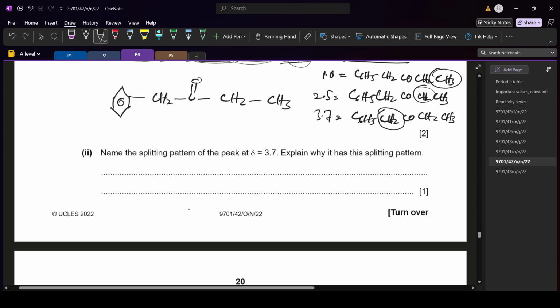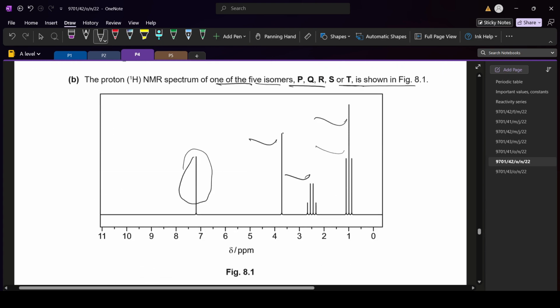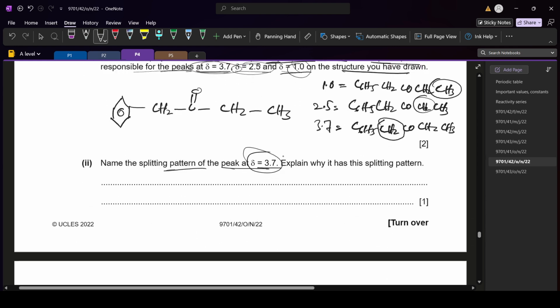Now moving on to the next part: name the splitting pattern of the peak at 3.7. It's a singlet.